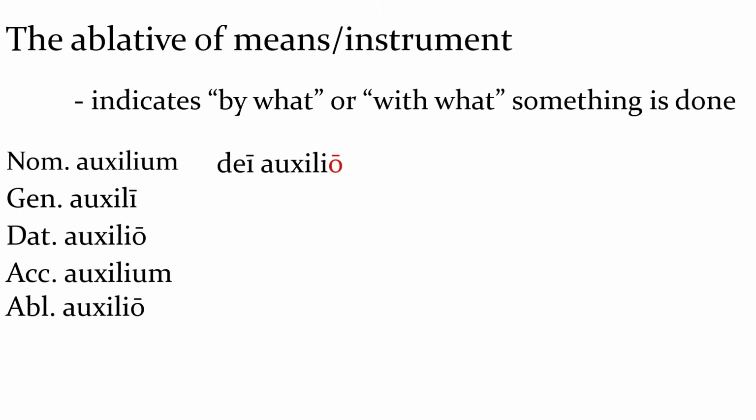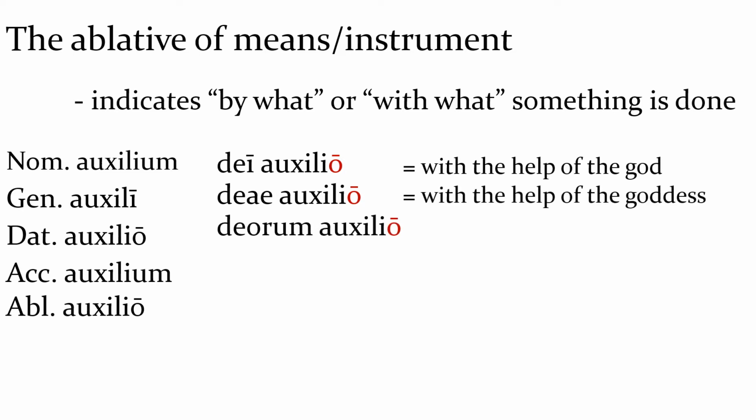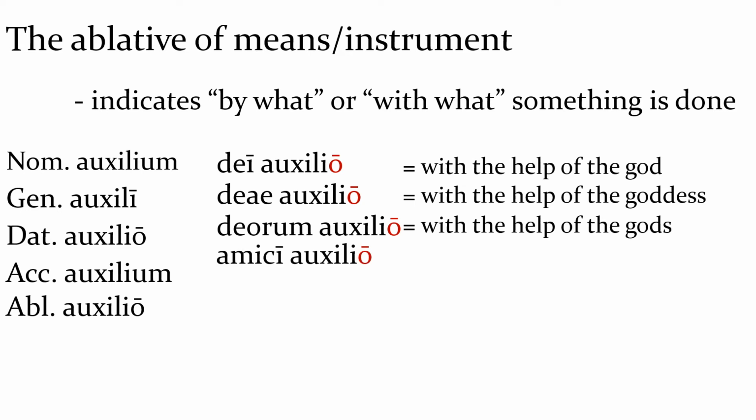So, Dei auxilio, well, auxilio by itself means with help or by help, with the help of the god. Deus, Dei, there's the genitive. Dei auxilio, with the help of the god. Deorum auxilio is with the help of the gods, because now we have the genitive plural, okay, deorum. And then we have amici auxilio, with the help of the friend, or of a friend.